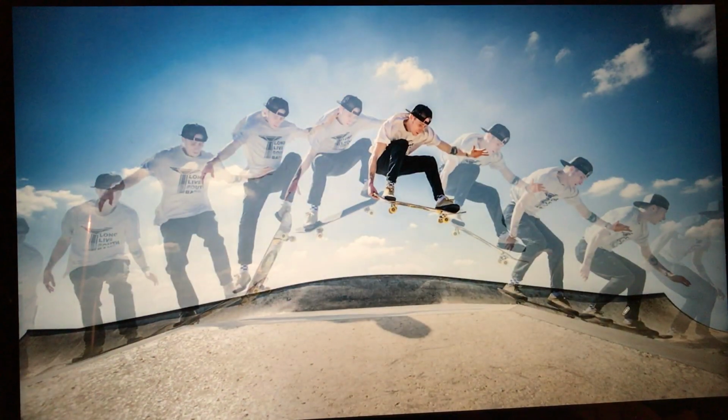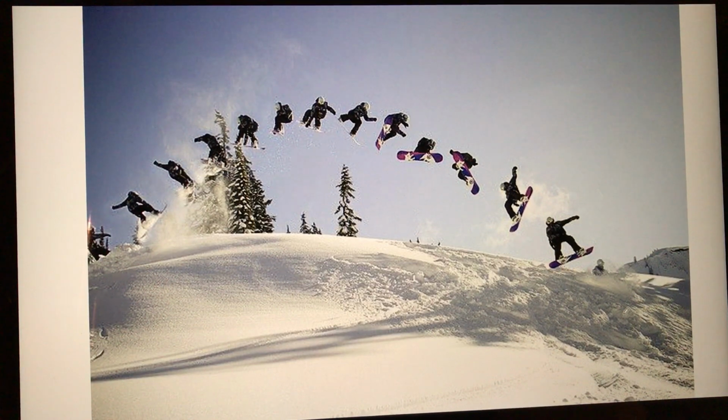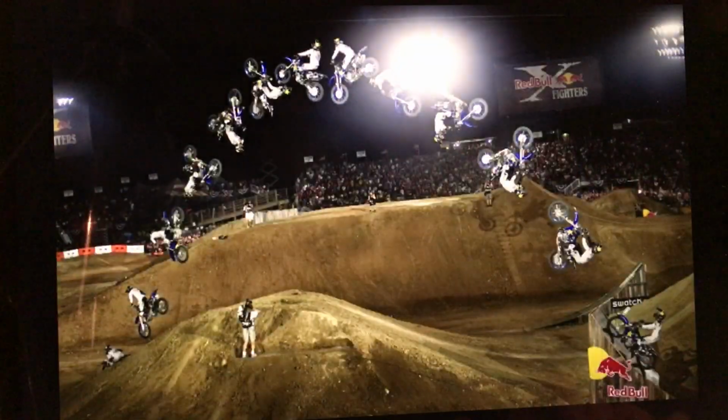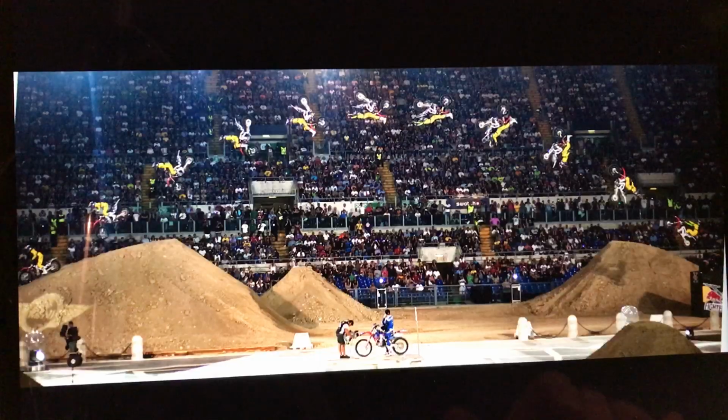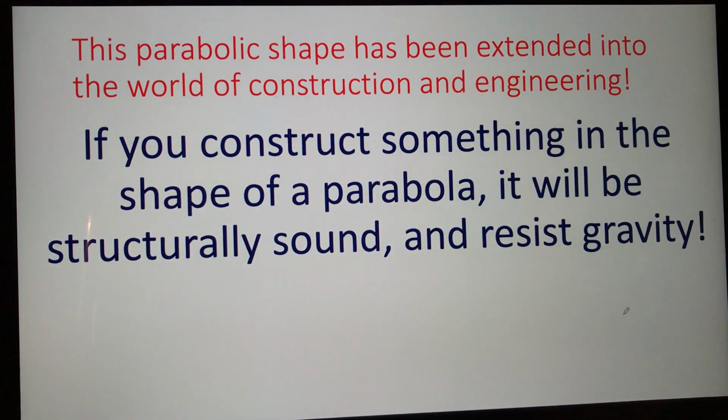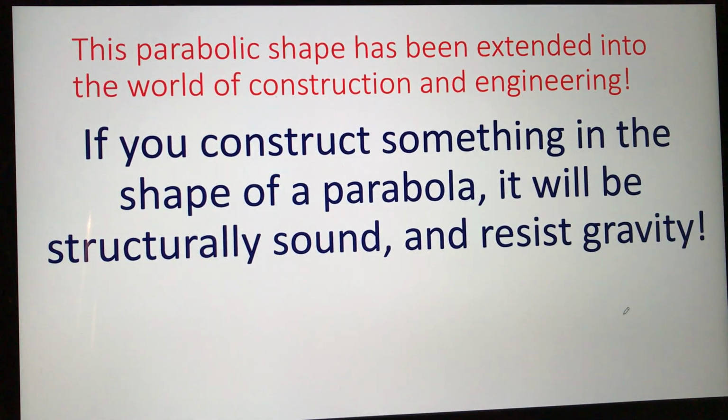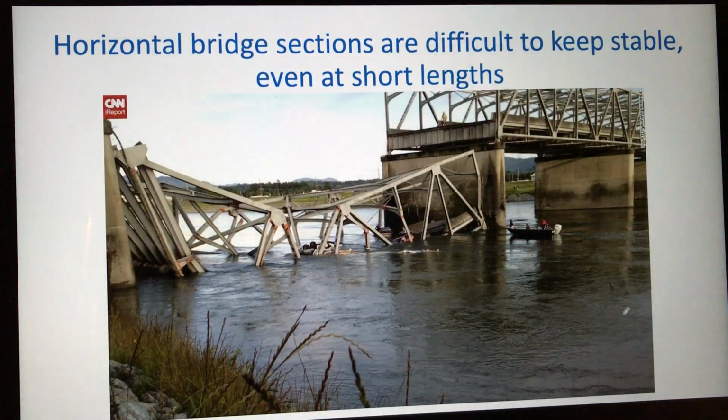This skater dude. If you are a snowboarder flying through the air, you actually follow the path of a parabola. If you're a trick motorcycle rider, you also fly through the air, subject to parabolas. So it's pretty interesting where we see it all over the place. Now in construction, we see examples as well. If you construct something in the shape of a parabola, it will be structurally sound and actually resist gravity.